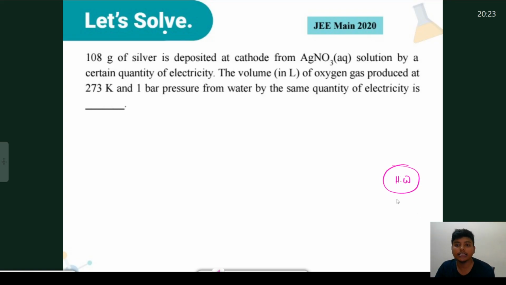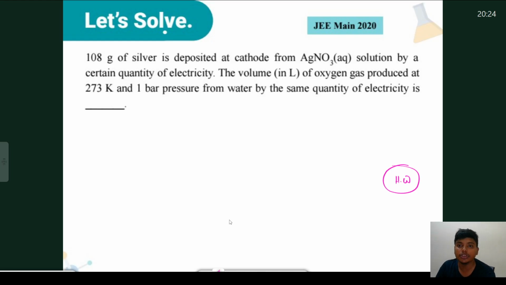Clear? Okay, sir. Next day we'll start conductance. That is the last topic, and we'll complete that. Any doubt? No doubt, sir. See, electrochemistry is quite a lengthy chapter, and kinetics is easy to remember and easy to do the sums. Here there is more theoretical part. Sometimes questions will be theory, and sometimes calculation based questions will be there.